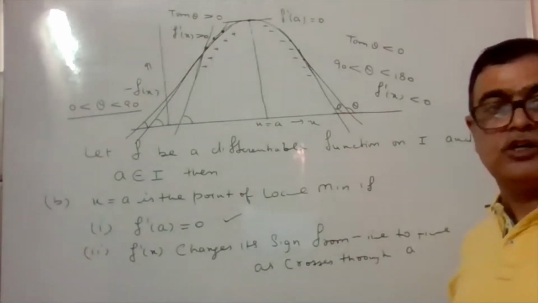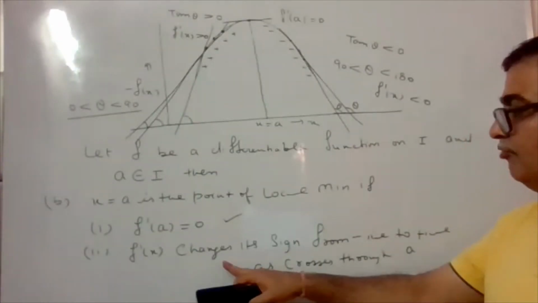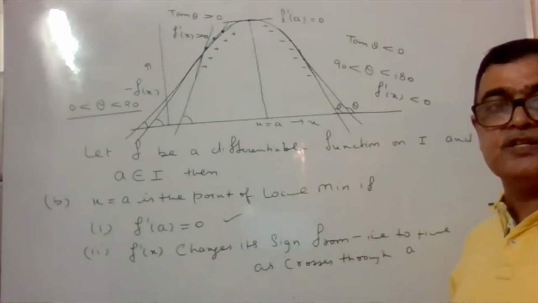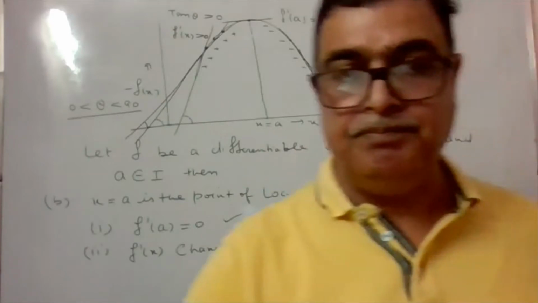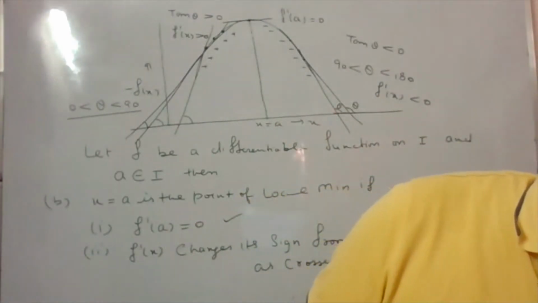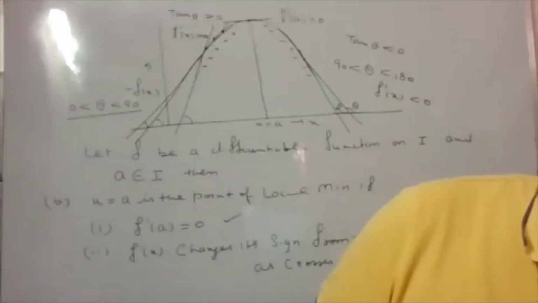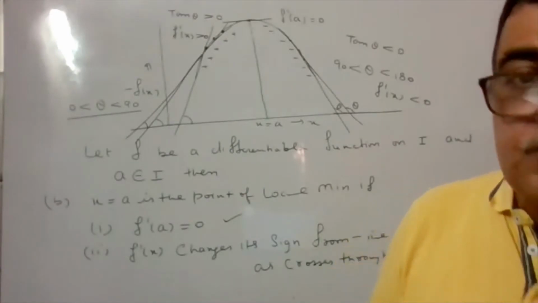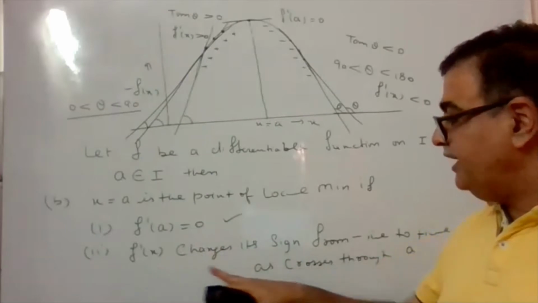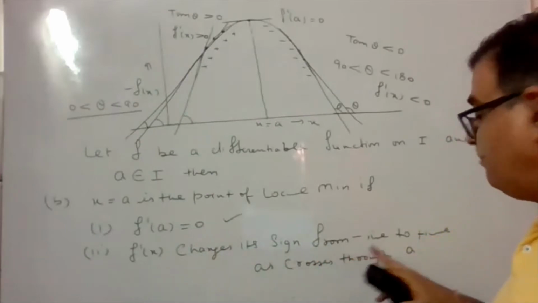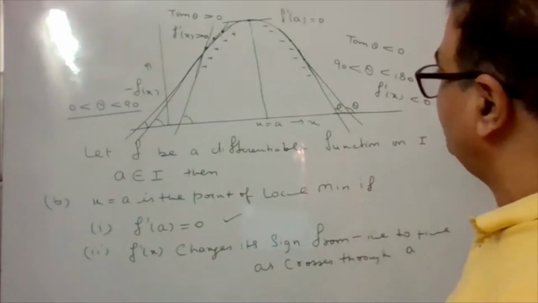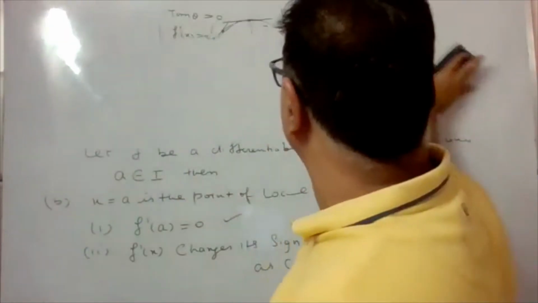As this function crosses through a, the point at x is equal to a is said to be a local minimum. So for a local minimum, f dash a has to be 0 and f dash x changes its sign from negative to positive as it crosses through a. Now just check what takes place in this case.